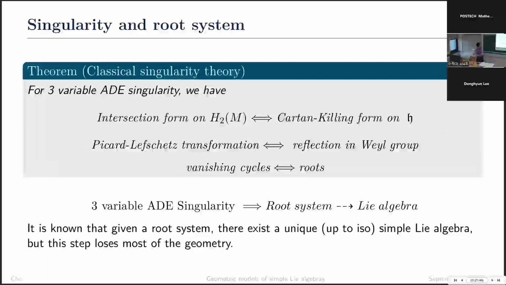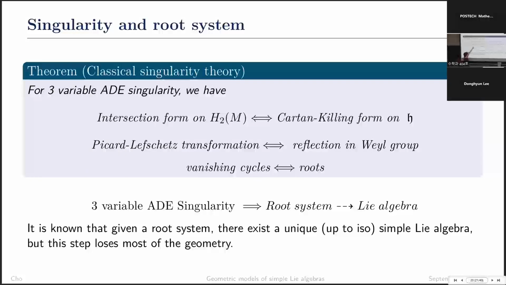Okay, so this was known. For the three-variable A_n singularity, the intersection form on the second homology of the Milnor fiber, if you compute, you can compare it with the Cartan-Killing form on the Cartan subalgebra.